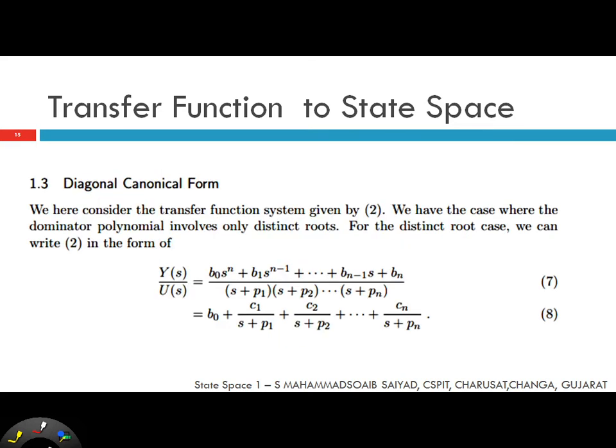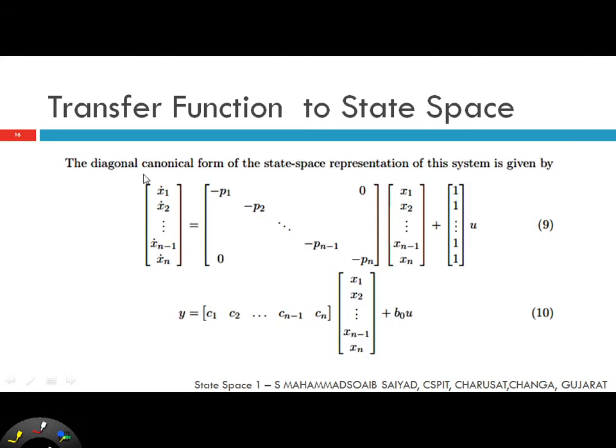So I can see that the controllable canonical form and the observable canonical form are nothing but the transpose of each other. Another one is the diagonal canonical form. Sometimes in the denominator we will have some quantities which are in terms of variables. In this case, your transfer function will have this term, and we will have a configuration like this: minus p1, minus p2, up to minus pn.